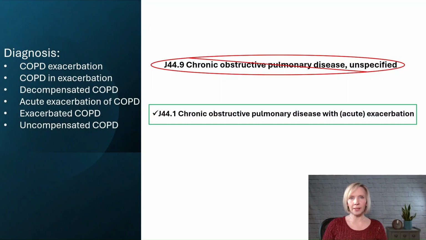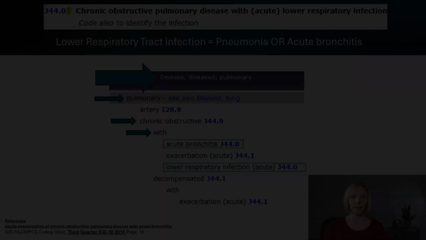When COPD exacerbation or decompensation is documented in the medical record, assign code J44.1 for chronic obstructive pulmonary disease with exacerbation. Only the one code is needed to completely capture the diagnosis. Do not assign J44.9 unspecified COPD as an additional code.